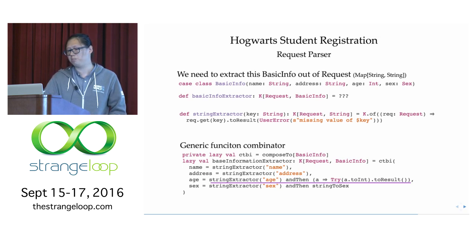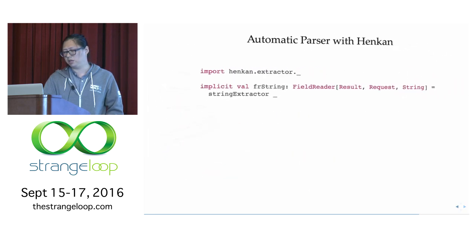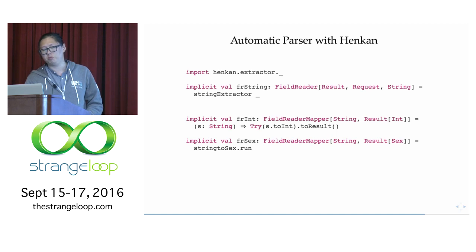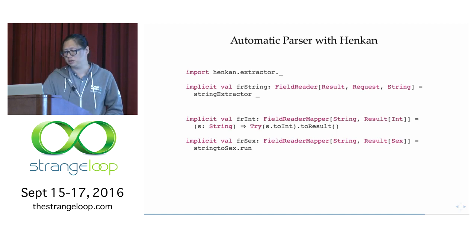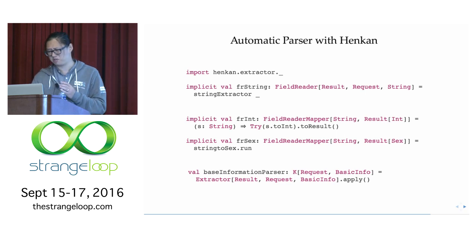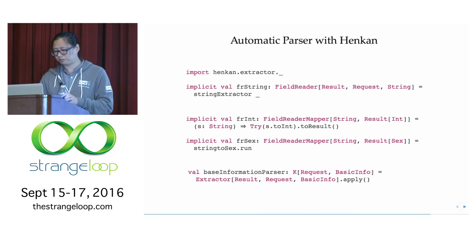You don't have to manually combine those extractors into one. And another thing: if you have a different data structure, as long as you provide all the primitives that you can convert in primitive types, you can automatically get the extractor for that data type automatically for you. So that's automatic parser, should be automatic extractor, with Hankin.